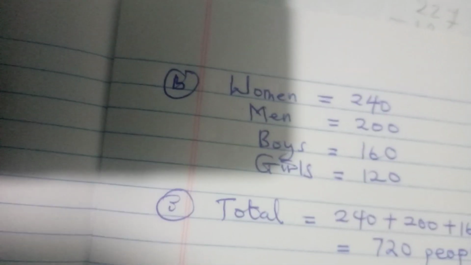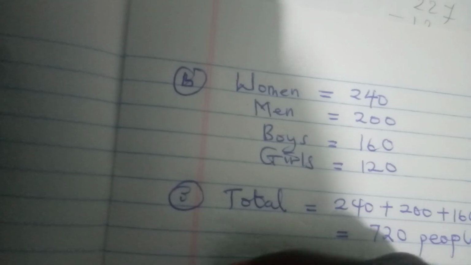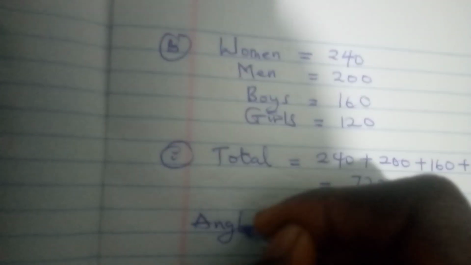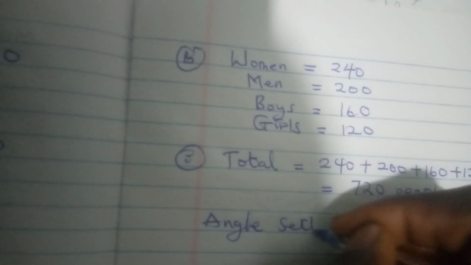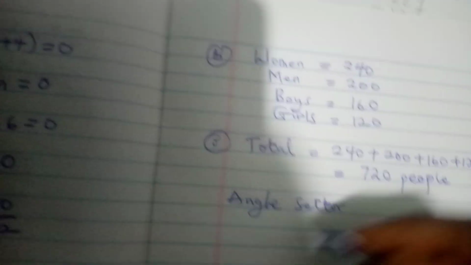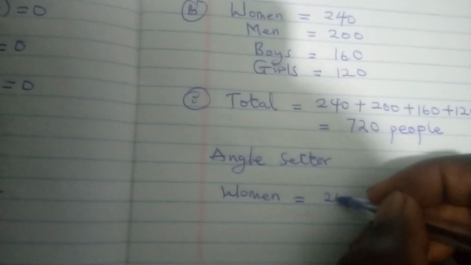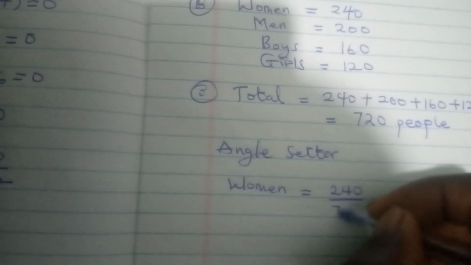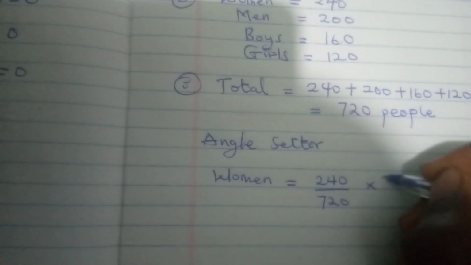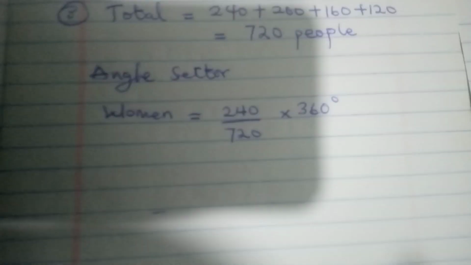So if I want the angle sector, so we can say angle sector for women. The angle sector for women is going to be the number of women over the total people times 360 degrees, because we want the angle sector.